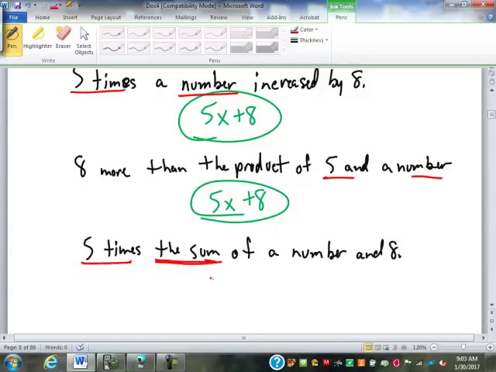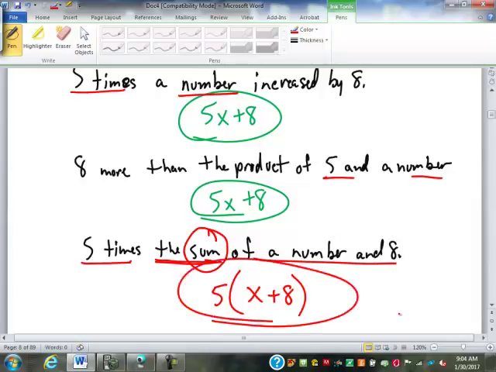The sum is the result of an addition problem, which means we must find the sum first. So it's 5 times some addition problem. The sum of a number and 8 is x plus 8. So there's just a very slight difference in the wording that makes a big difference in what it looks like. Any questions so far?